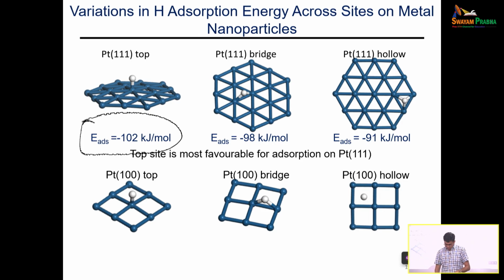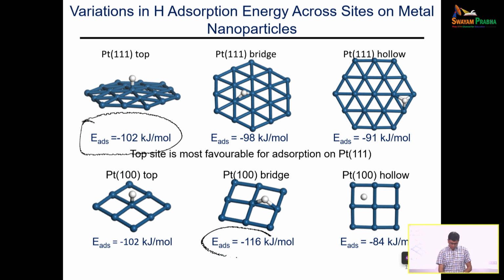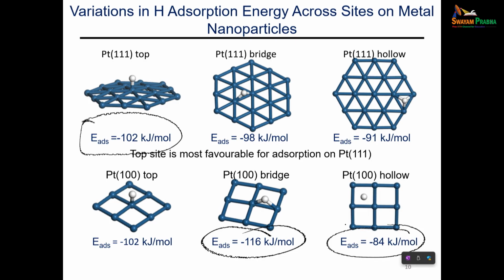Now if you look at the other kind of arrangement that we had, the numbers are slightly different. For the top site, that's pretty much the same. The bridge changes quite a bit. The hollow site becomes even less favorable. So what I am trying to say is there is a lot of variability.